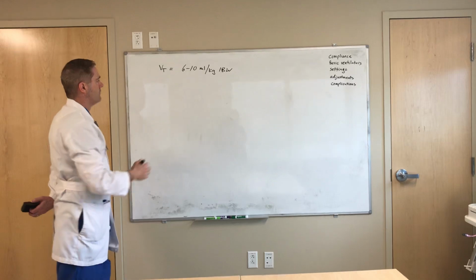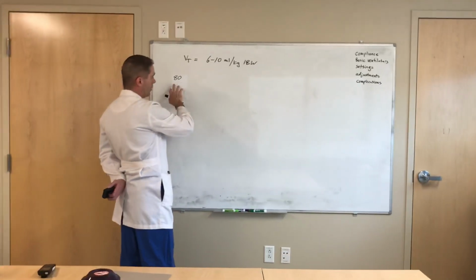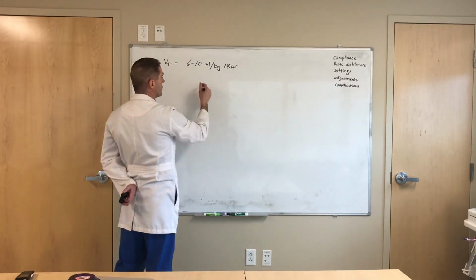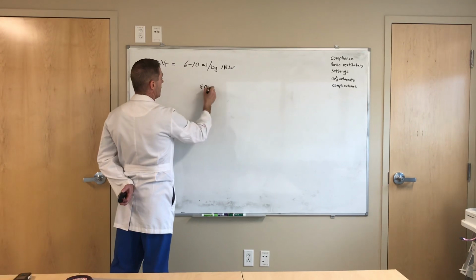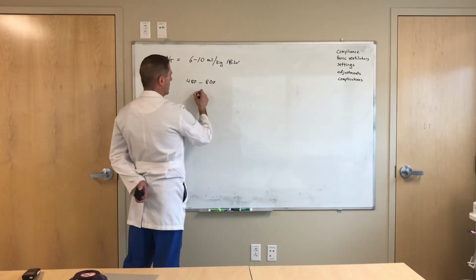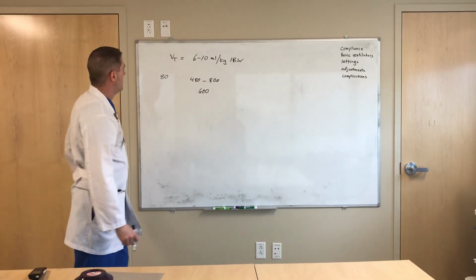So if I have an 80 kilogram male and ideal body weight is 80 kilograms, the upper end is going to be 800 and the lower end is going to be 480. So somewhere in that ballpark. A good number might be 600.